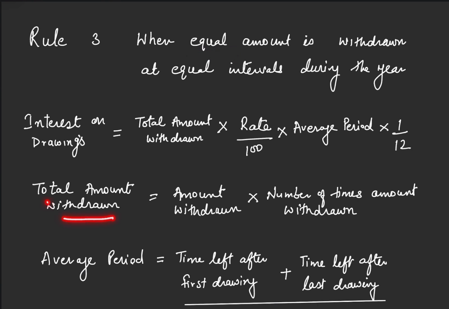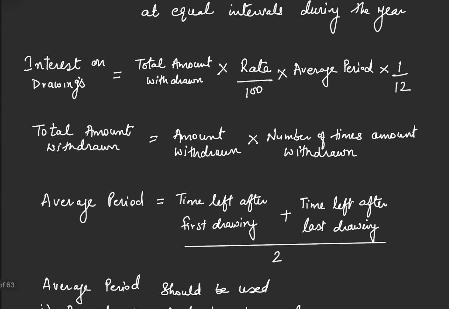So total amount withdrawn is amount withdrawn multiplied by number of times amount withdrawn. And the average period will be calculated by using this formula: time left after first drawing plus time left after last drawing divided by 2.